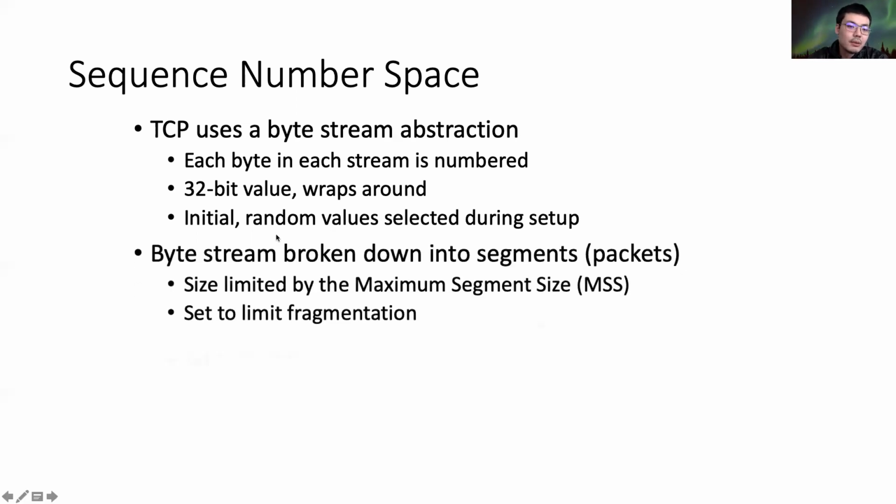There's a reason why we need to choose random values initially, for multiple reasons. One is for wraparounds, so you don't have confusion. Maybe that's a packet from the previous TCP connection that somehow gets stuck and takes a long time to reach you, but you already tore down that connection because of the retransmission of the same packet later.